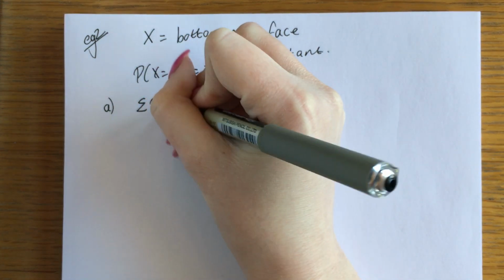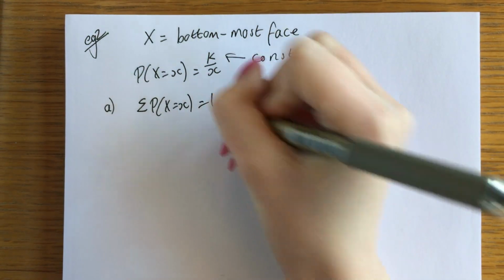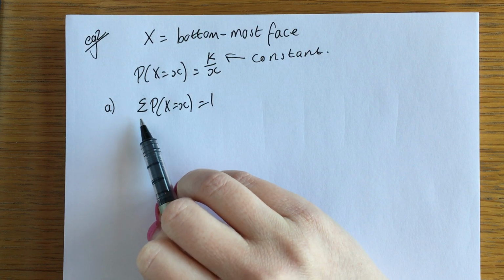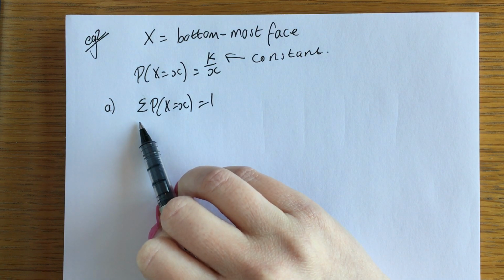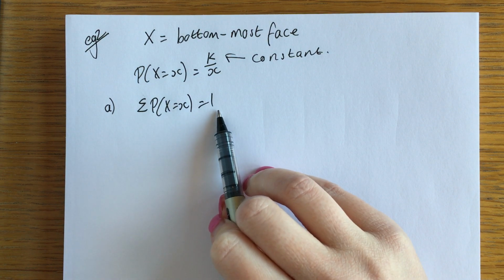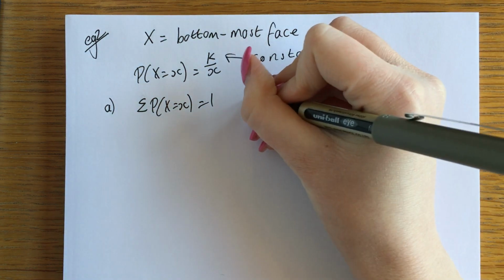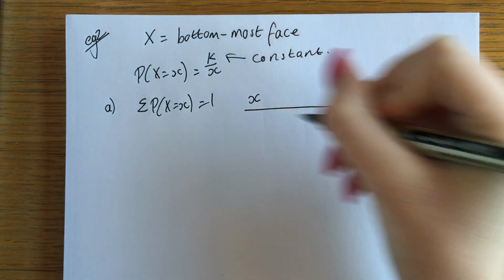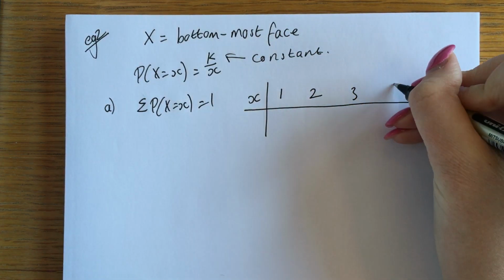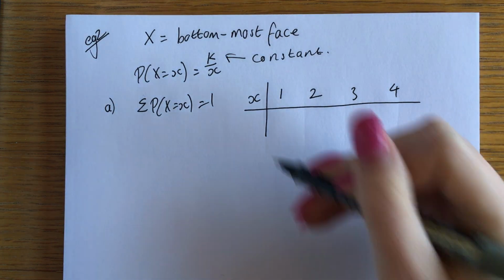I know the sum of all of the probabilities is equal to 1. So if you haven't seen that notation before, that capital sigma does mean sum of. So the sum of all the probability values must be equal to 1. I also know that x can take the values of 1, 2, 3 and 4.